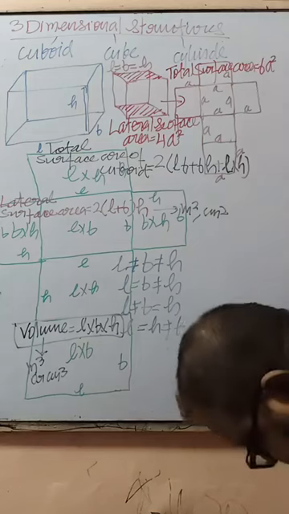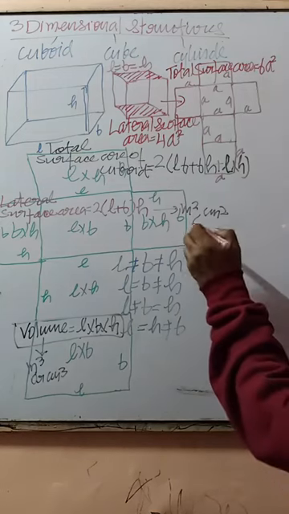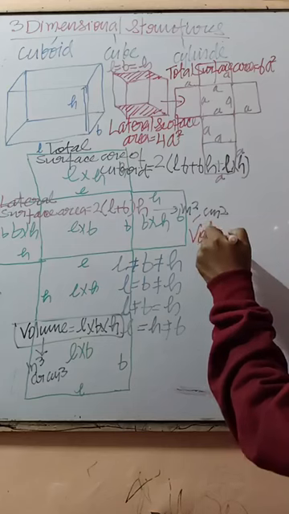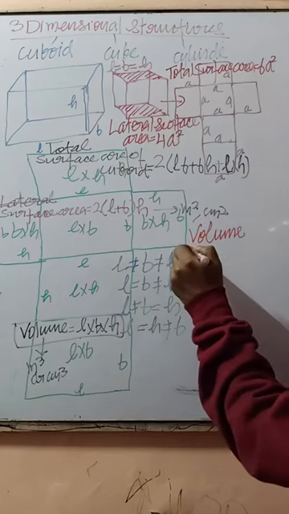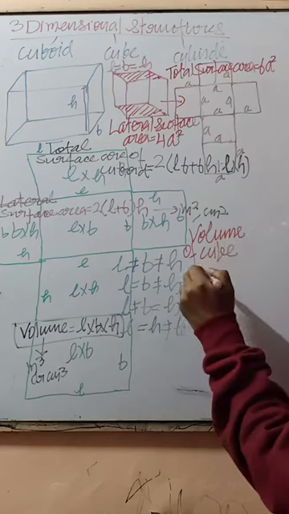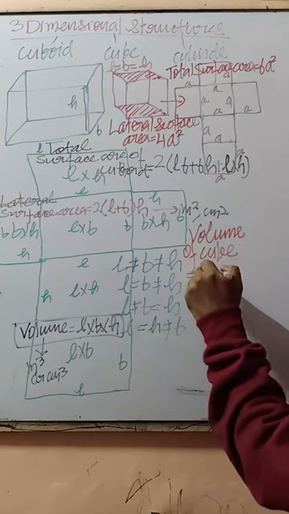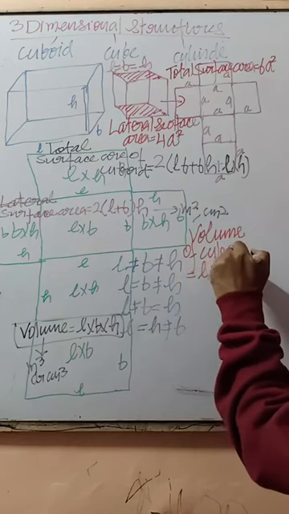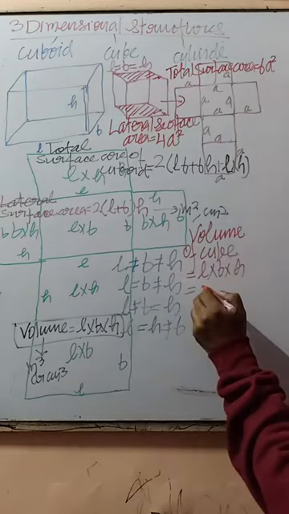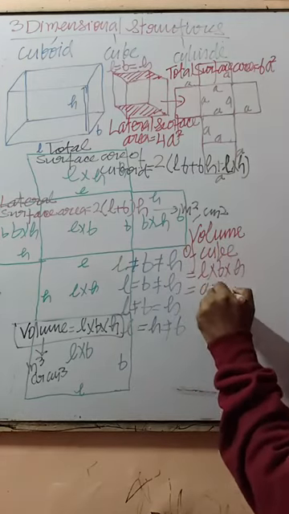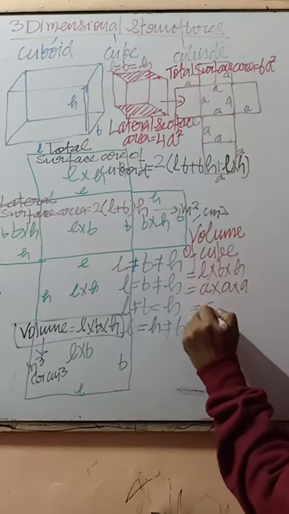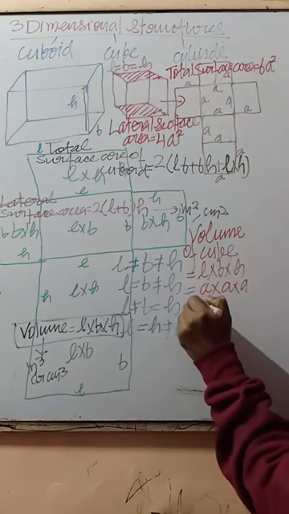And now volume of cube is equal to length into breadth into height, and you said length is equal to breadth is equal to height, so a into a into a becomes a cube, right?